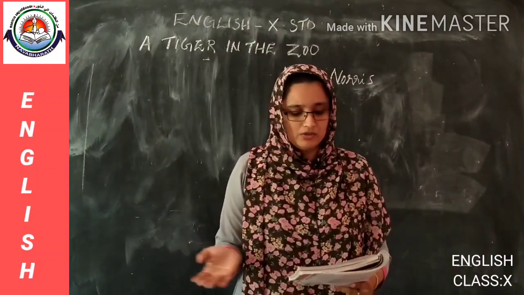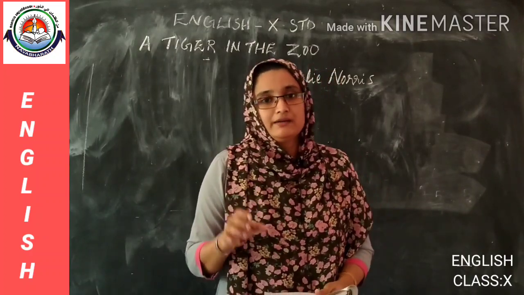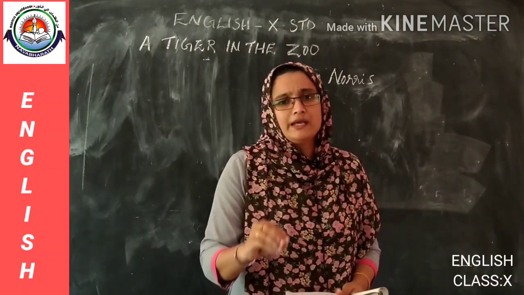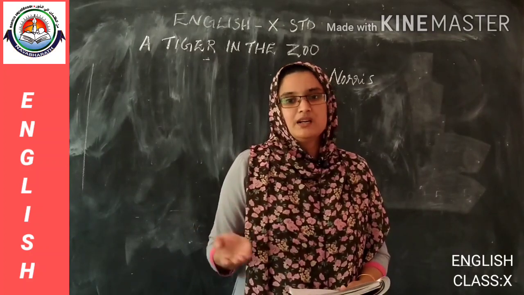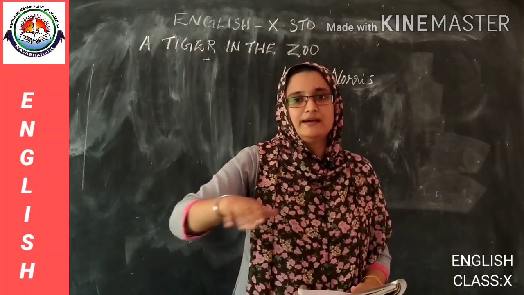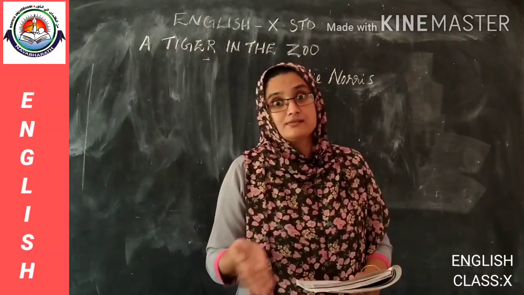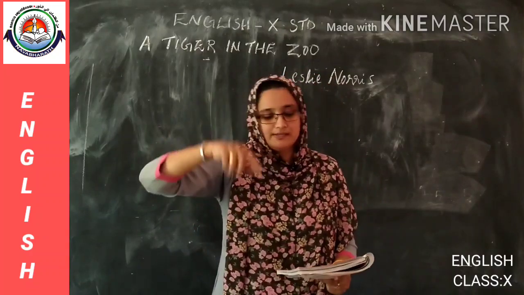Stalks means he moves. A few steps of his cage. Here the tiger is inside the cage. He can move only a few footsteps, right? So there he moves around inside the cage. Vivid stripes means bright colored stripes on his body.